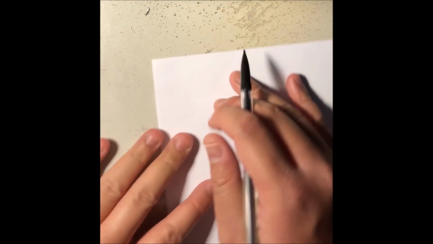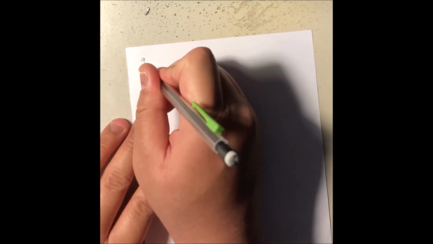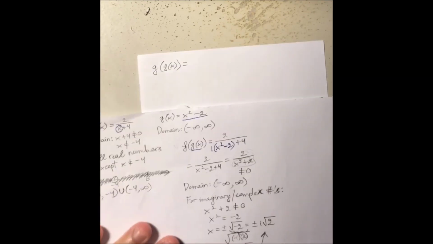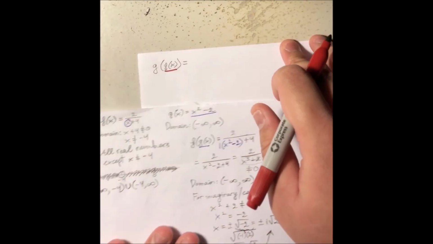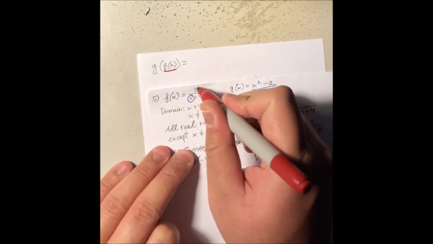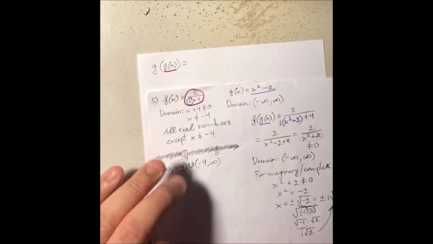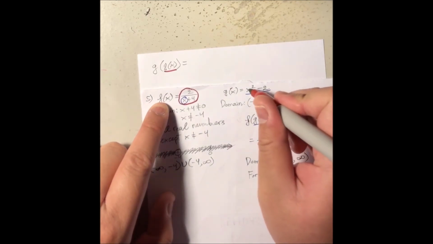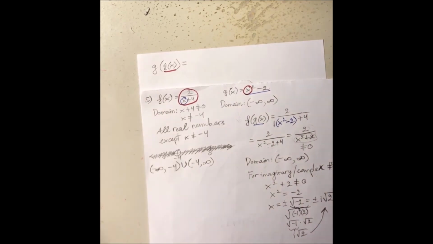Now what about g of f of x? Well, for g of f of x, the function f is right here, and it is this whole thing. So we are going to take the entire f function and replace all of the x in the g function, which is just this one, and we keep the exponential power.